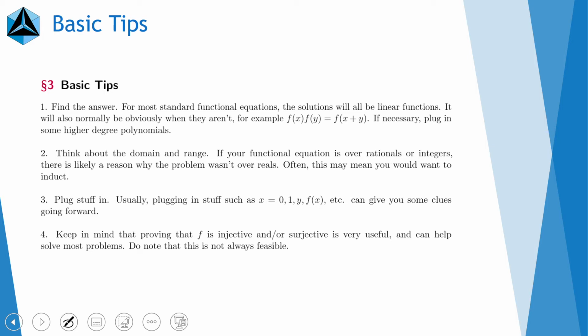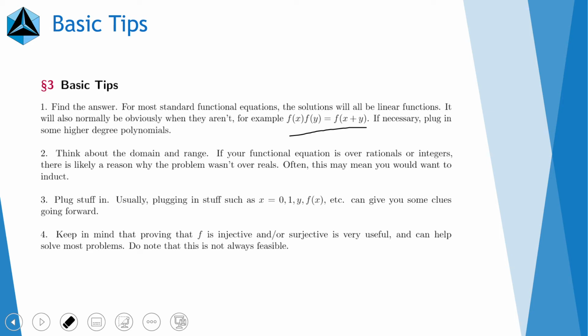For example, if you have f of x times f of y is equal to f of x plus y, clearly this is not linear. You can see, for example, that f of x equals e to the x works. It's not all the solutions, but it works. It's pretty obvious when it's not linear.